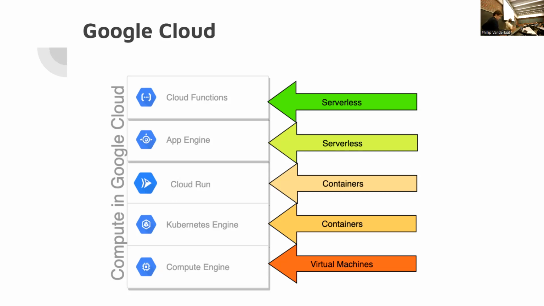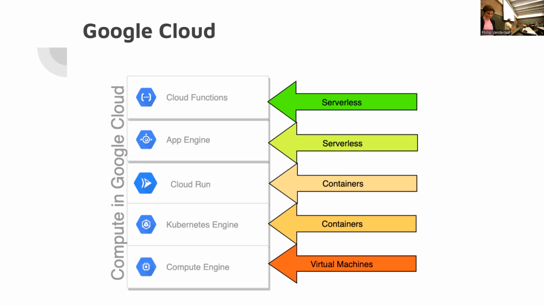Then App Engine is a little bit closer to the more powerful side of things. I think with Cloud Functions you can define functions that get invoked individually, and App Engine is where you can maybe have one container. I think it's similar to Cloud Run.